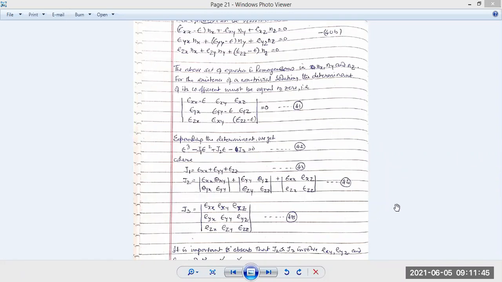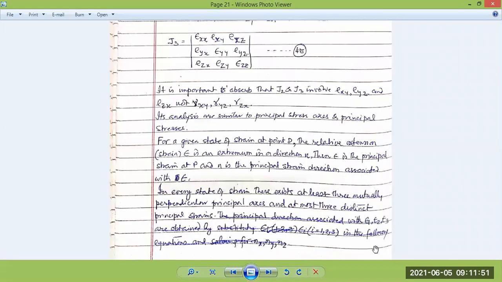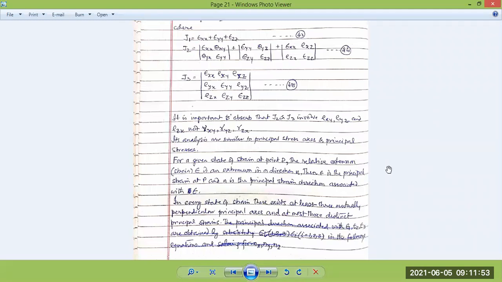And we know that J2 and J3 use EXY, EYZ, and EZX, but not gamma XY, gamma YZ, and gamma ZX. It is like this.